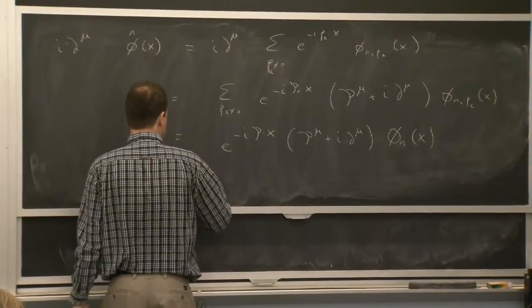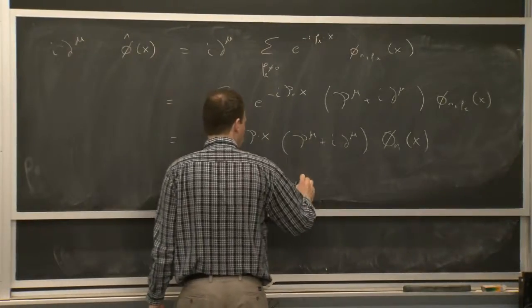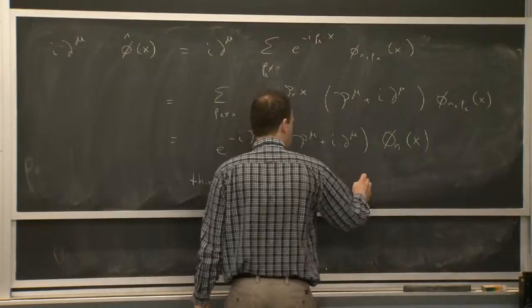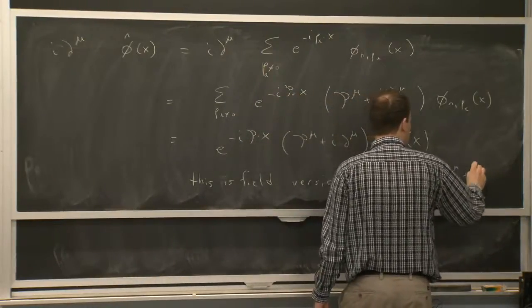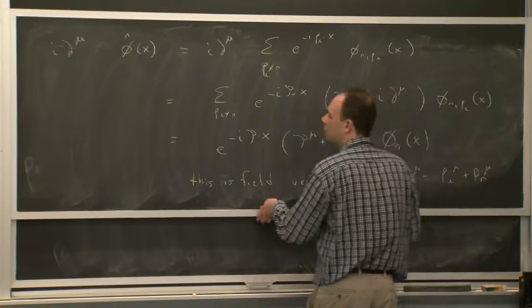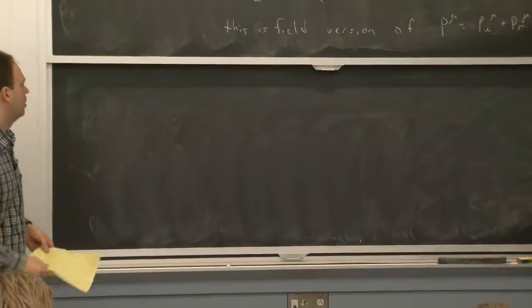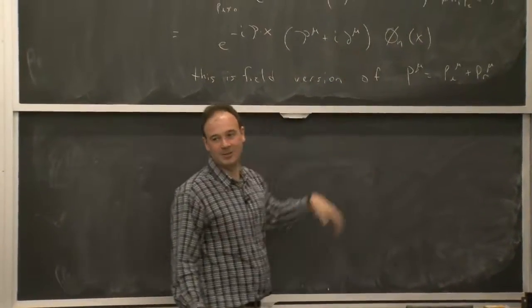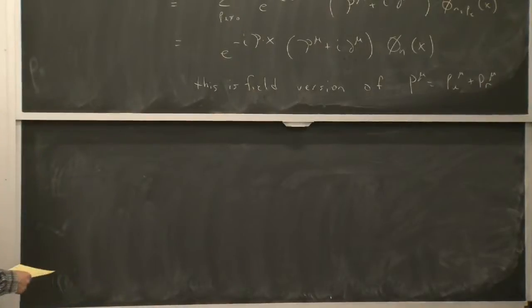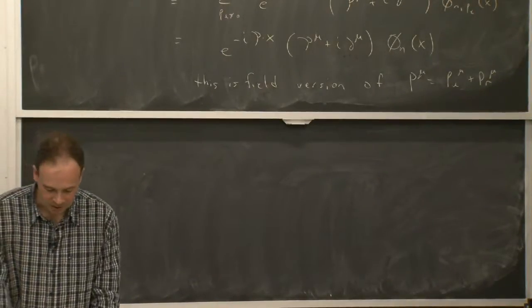This is the field version of p^mu equals P_L^mu plus P residual^mu. The advantage of this notation is that we can then drop the partials if they're smaller. That's the whole reason for this setup.